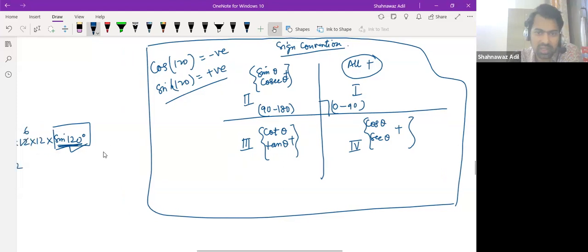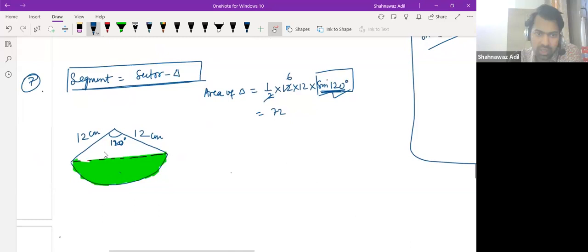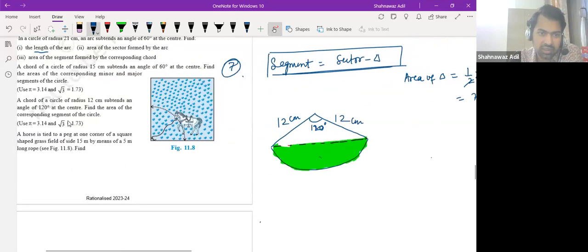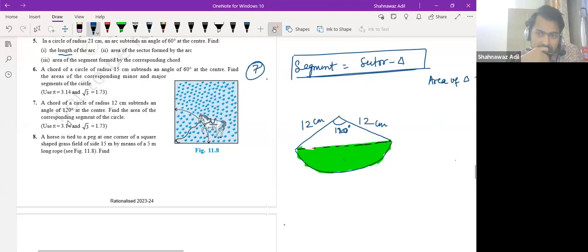Shaim, are you saying something? Sir, in my school, they found out the base and the height of the triangle and then calculated. They broke this triangle in half and made it 60, so sine 60 and cos 60.